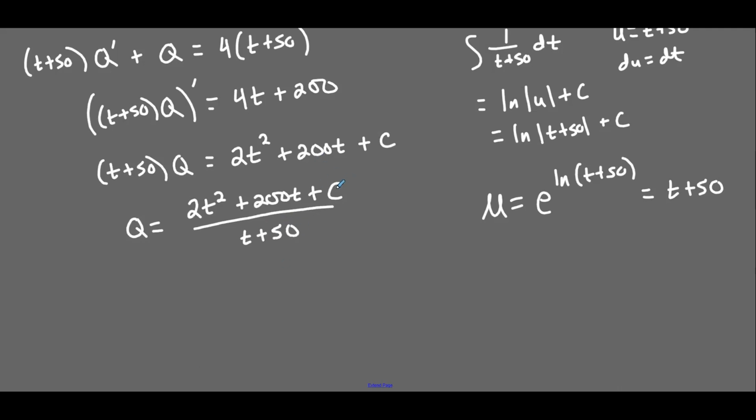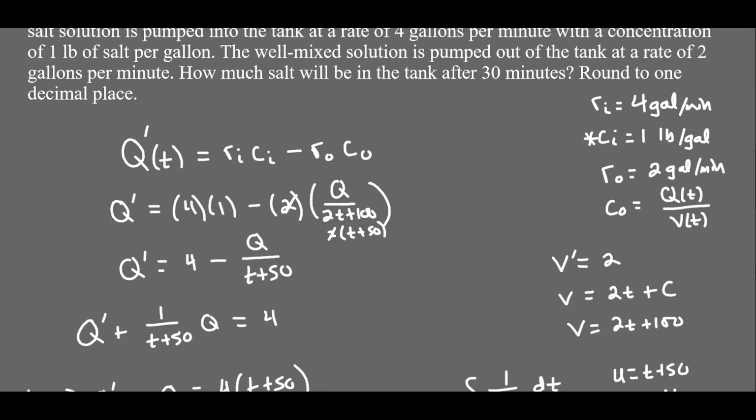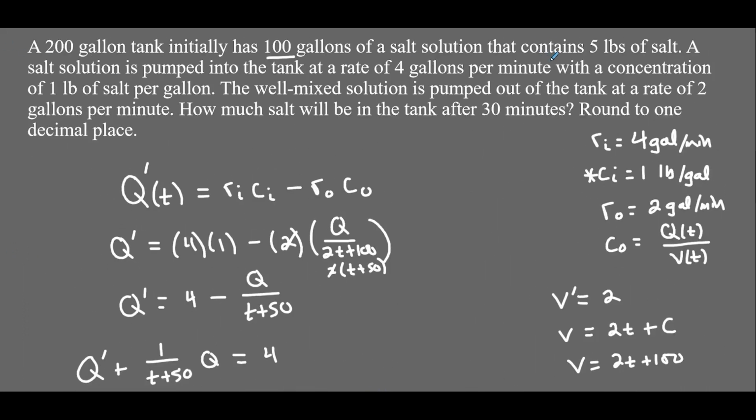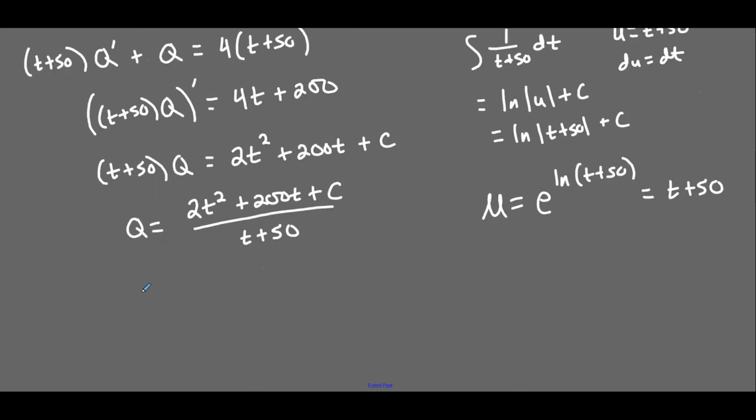All right, so we need to solve for C now. So we need an initial value. The problem says that the tank initially contains 5 pounds of salt. So that's our initial value for the amount of salt in the tank. So Q of 0 equals 5. So I'm going to plug in 5 for Q. Then I'm going to plug in 0 for all the T's. So that will just leave me with C in the numerator and 50 in the denominator.